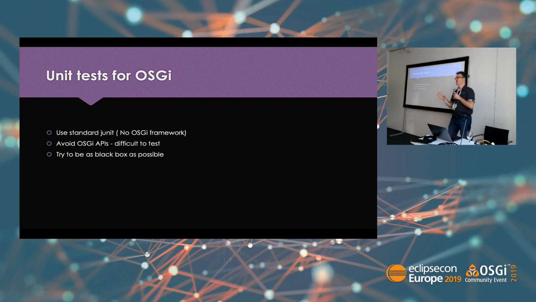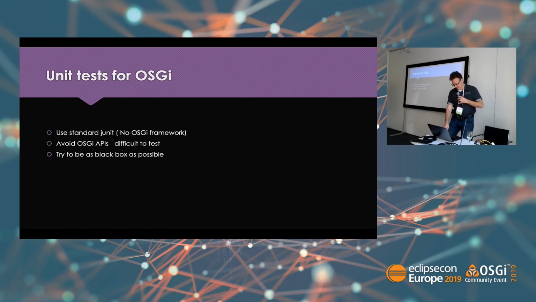If you use them too much, it's difficult to make tests for them because it's very difficult to mock OSGi APIs. They have a lot of callbacks and things that happen under the hood, and you want to avoid these. Then, like for any test, even for a unit test, you want to be as black box as possible. If you're depending too much on the interior of your classes, then your test is likely to fail.